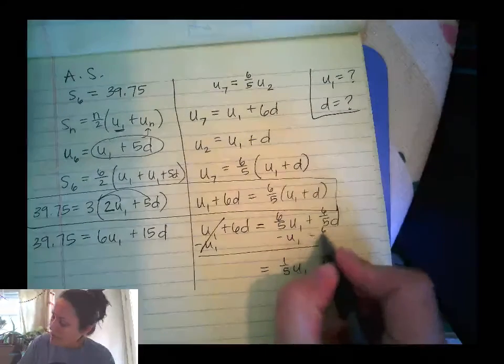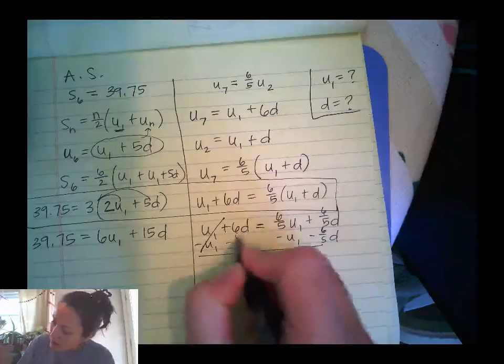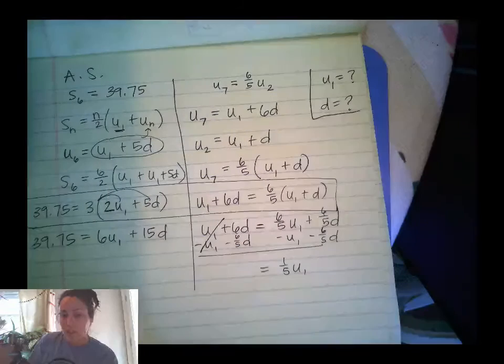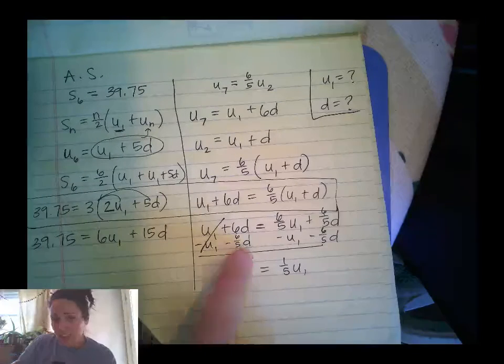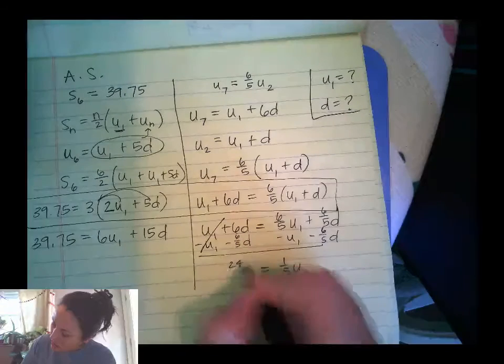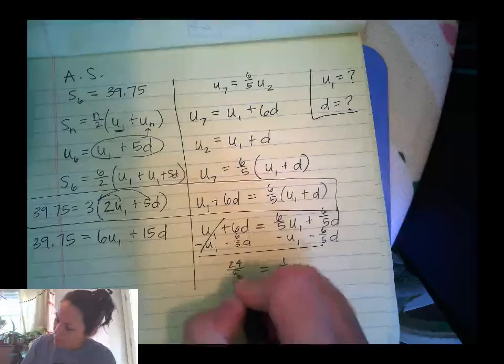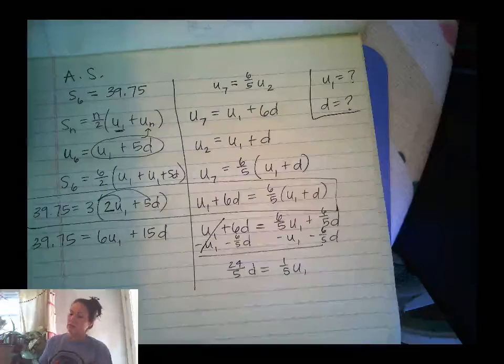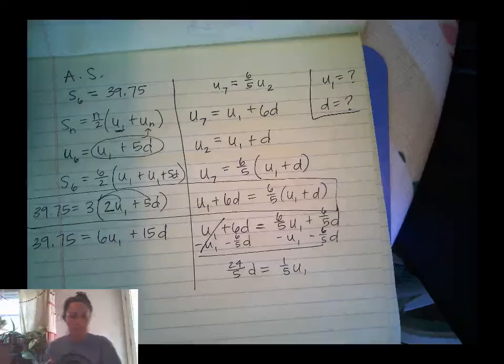And then I'm going to subtract 6/5 d. Think about this one. 6 minus 6/5. What's that going to be? 24/5. A little math magic.